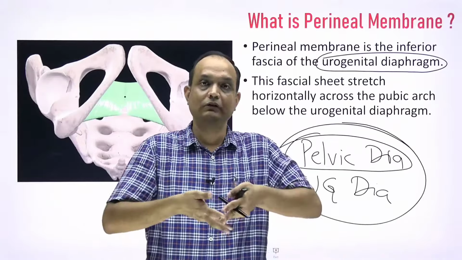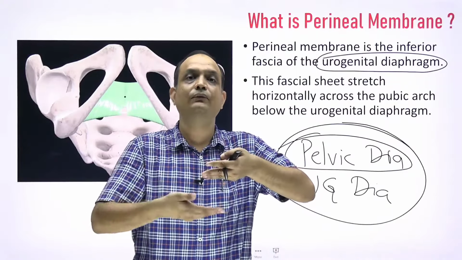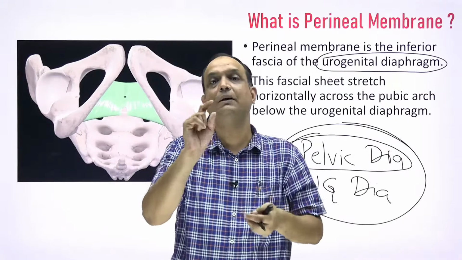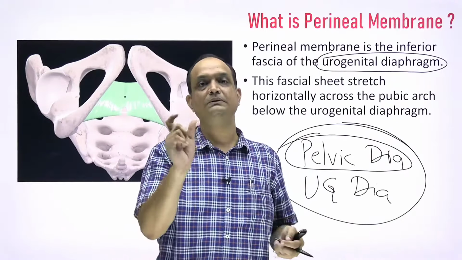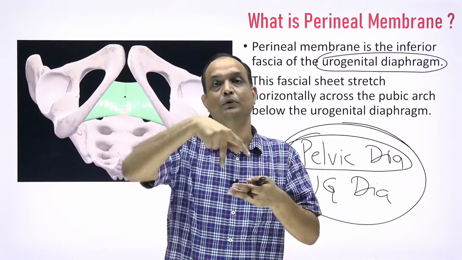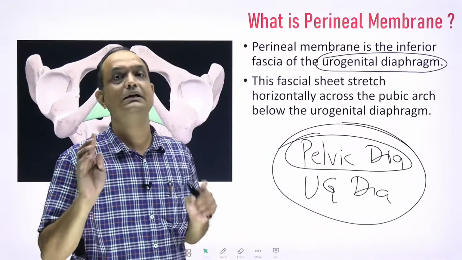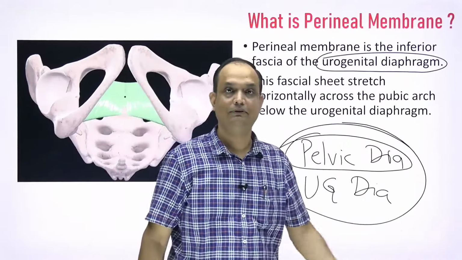But when you go below this pelvic diaphragm, in the perineum, you will find one more, incomplete diaphragm, present only in the anterior triangle between the two pubic bones, in the pubic arch. That diaphragm is known as the urogenital diaphragm.